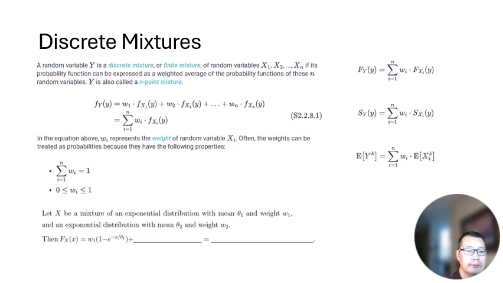The following is a simple question. Let X be a mixture of exponential distribution with mean theta1 and weight w1 and exponential distribution with mean theta2 and weight w2. Then F_X is what? Before we answer this question, I also want to mention that for PDF you have this equality.